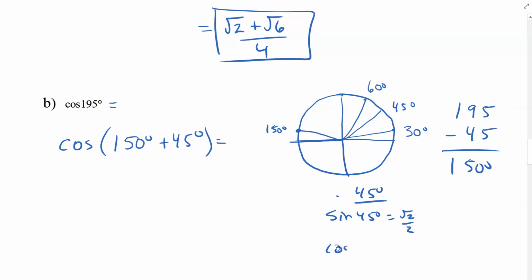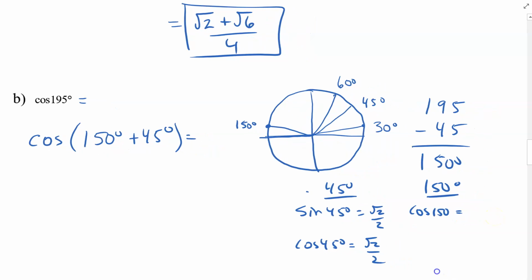The cos of 45 degrees is also root 2 over 2. For 150, the cos of 150 is going to be equal to negative root 3 over 2. Make sure I put that negative in there, and the sine of 150 degrees is equal to a half.